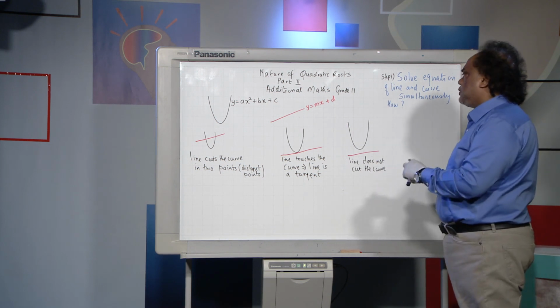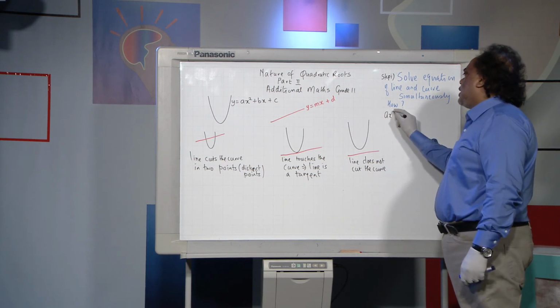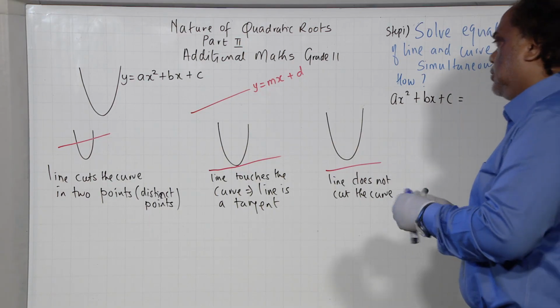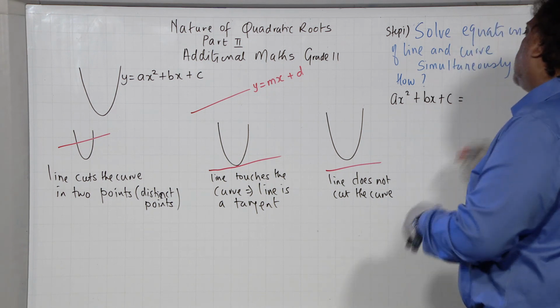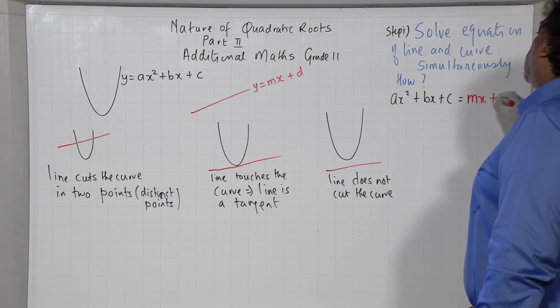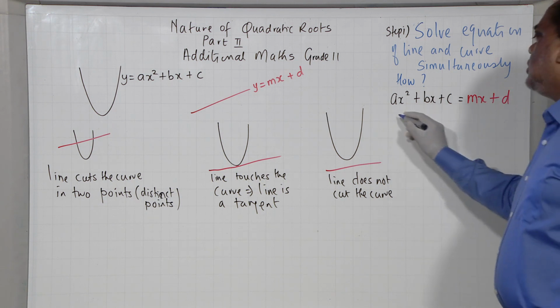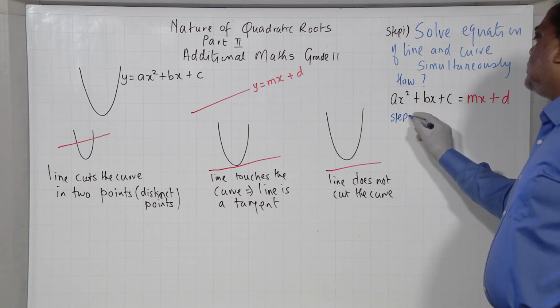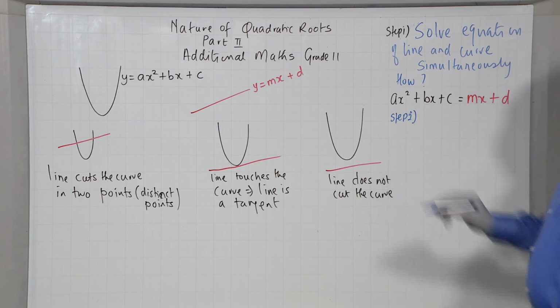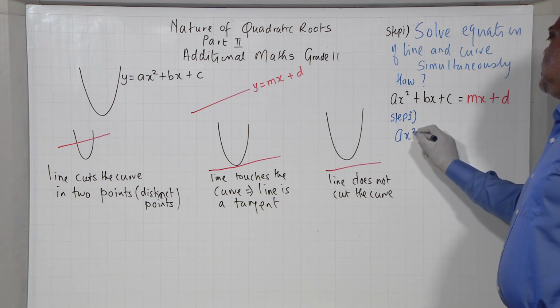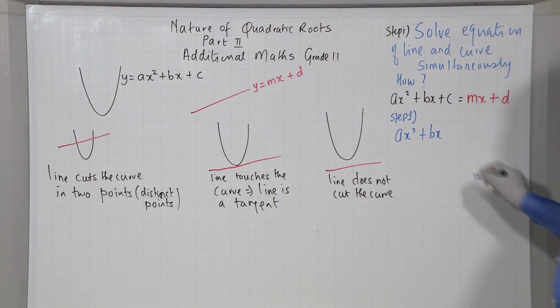What was the equation of the curve? ax squared plus bx plus c equal to, for the line, mx plus d. What are we going to do? Step 2. Transfer all the terms on the left-hand side. ax squared plus bx.